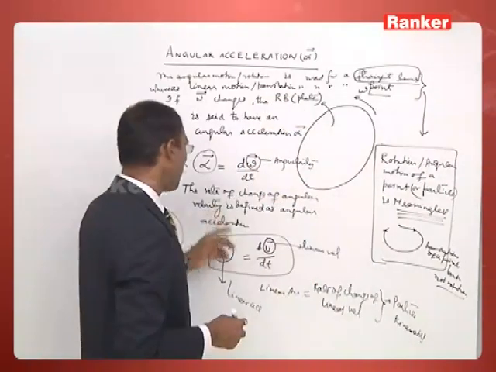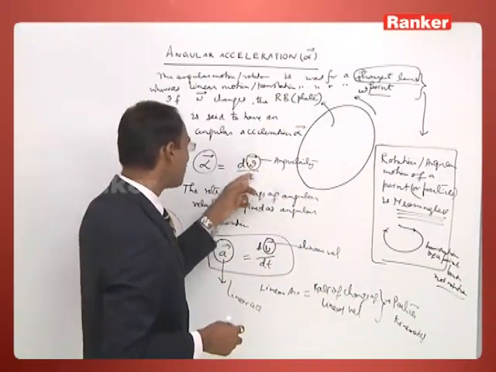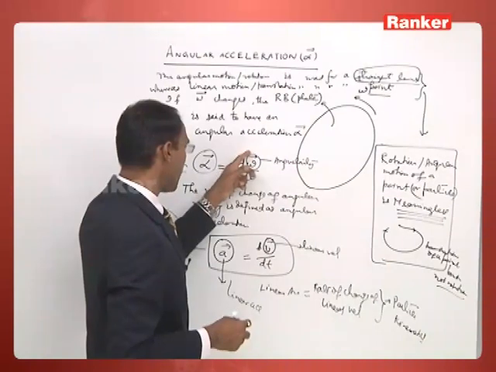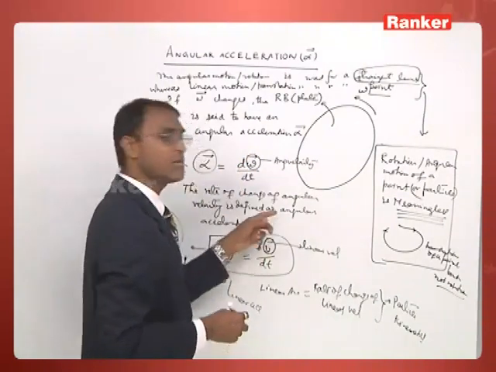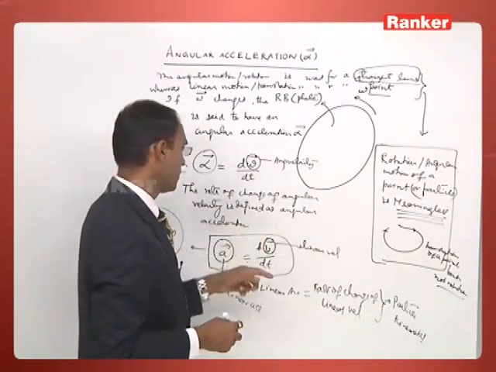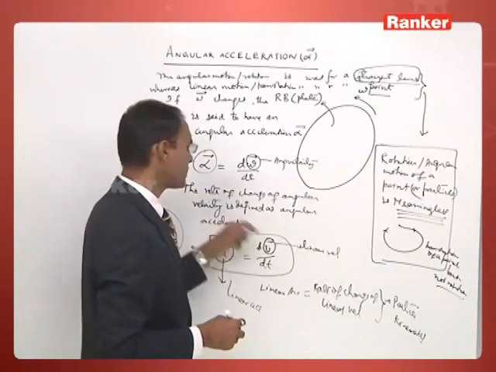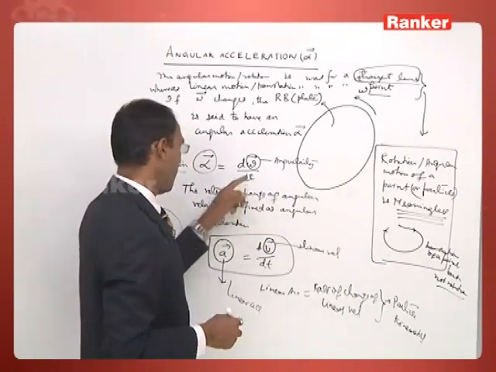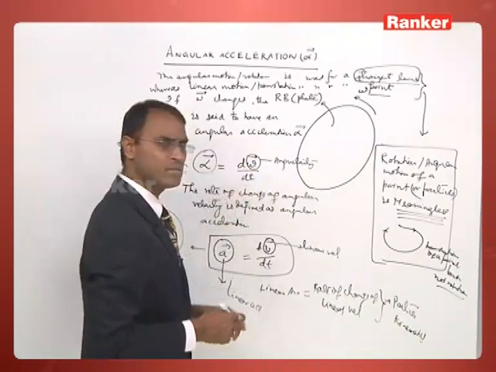Similarly, we can have the change of the angular velocity just like the change of linear velocity. Look, linear velocity has both magnitude and direction. Angular velocity also has magnitude and direction.